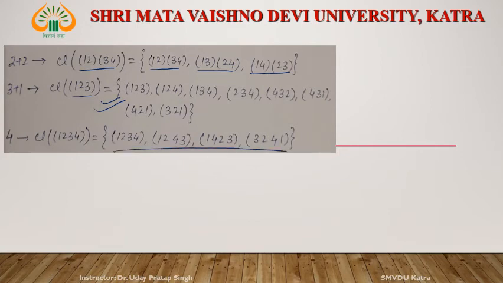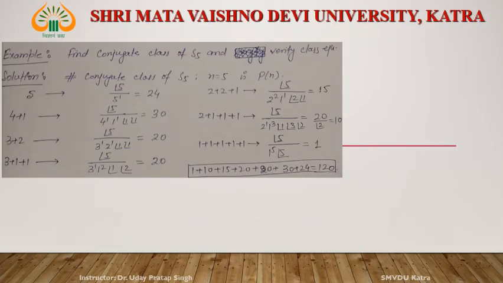Okay. Similarly, for the conjugacy classes of S5, 5 can be written as 5, 4 plus 1, 3 plus 2, 3 plus 1 plus 1, right? 5 can be written as 5. Then how many cycles of length 5 in S5? See the formula.